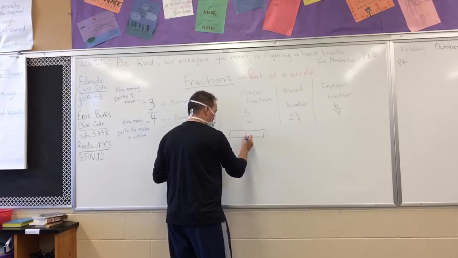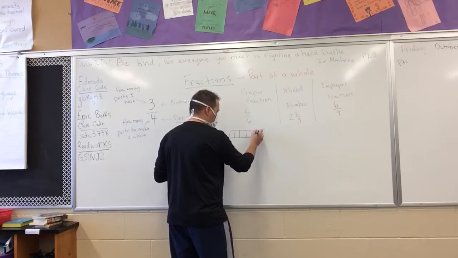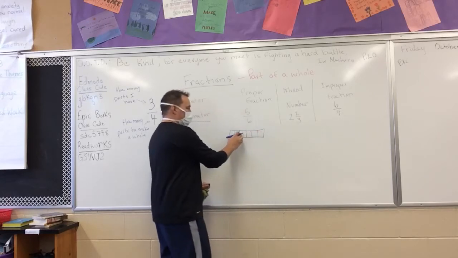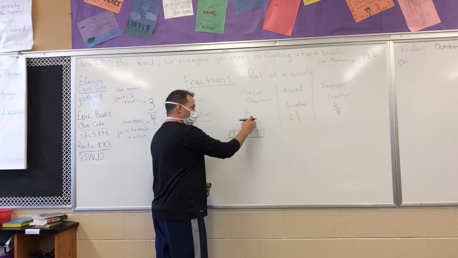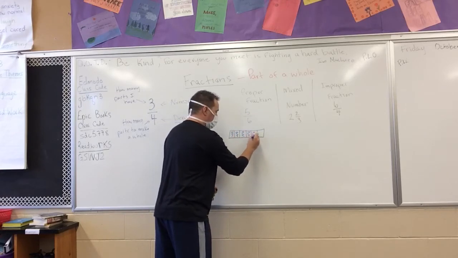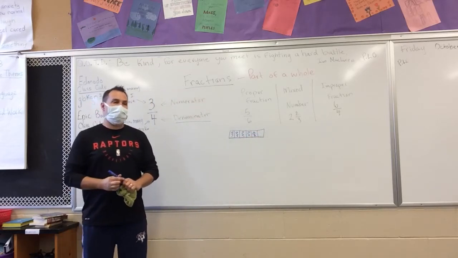Let's cut it in half, and then each of these is going to be cut there. So in this picture, it takes 6 to make a whole, because that's what it says on the bottom. We're going to color in 5 of those. So we've got 5 of 6.